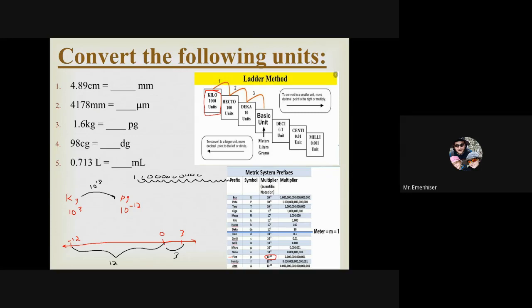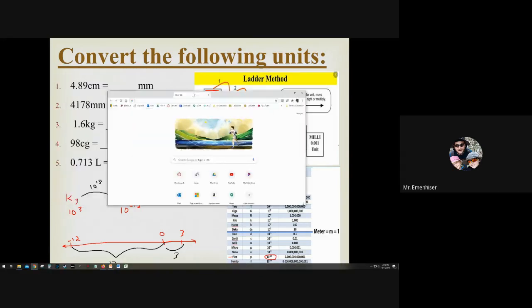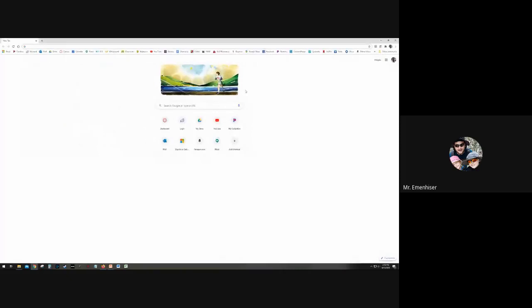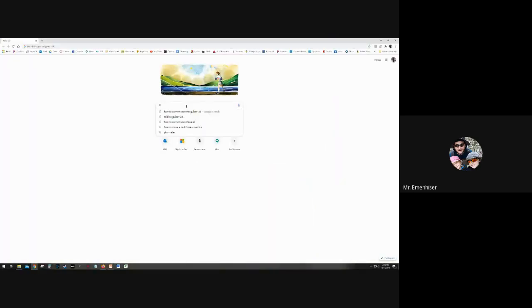And some of these, you can actually do a little trick here, guys. If you want to check yourself, you can go onto Google. Okay. And our question here is 1.6 kilograms to picograms. Let's type that into Google. 1.6 kg to picograms.